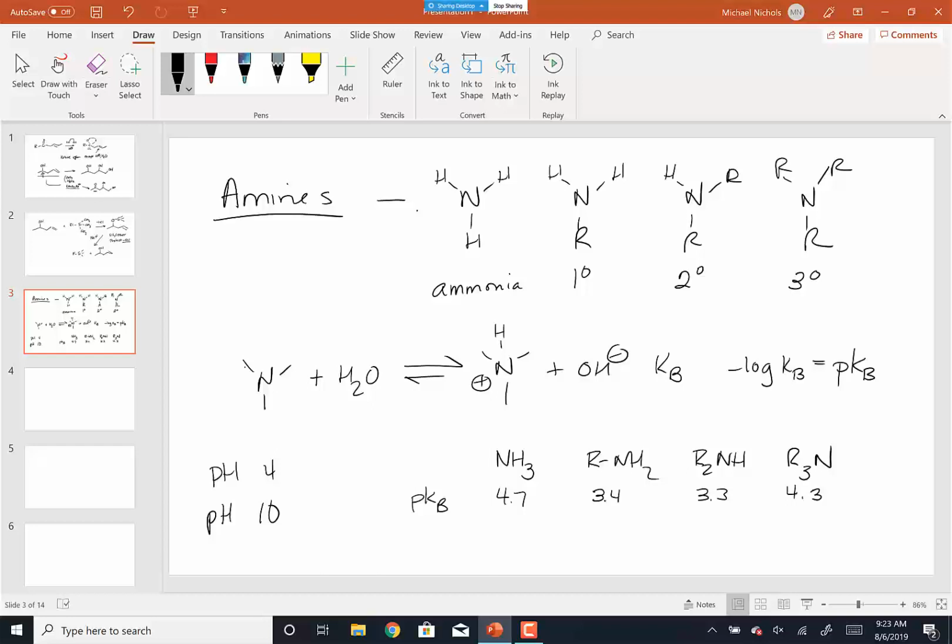So the lower the number here, the stronger the base. The P scale works exactly the same. So which one of these is the strongest base? R2NH is the strongest base. Why? Because it has the lowest pKb number. So pKb works exactly like pH. Lower the number, stronger the base.